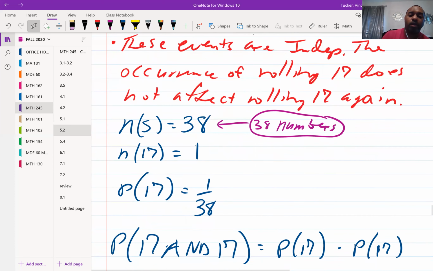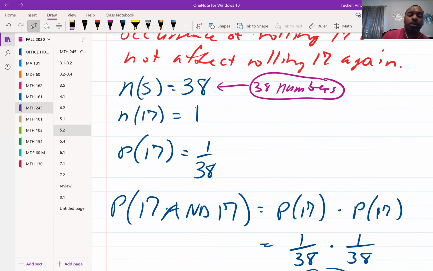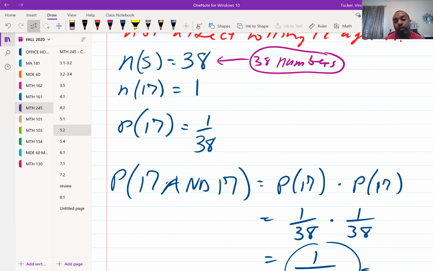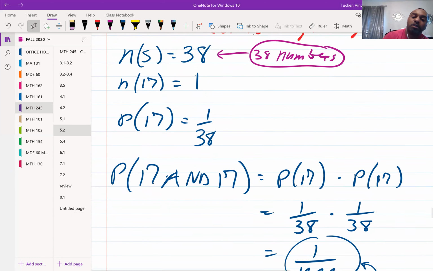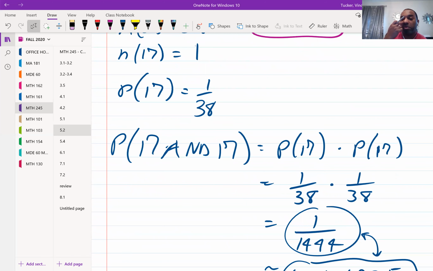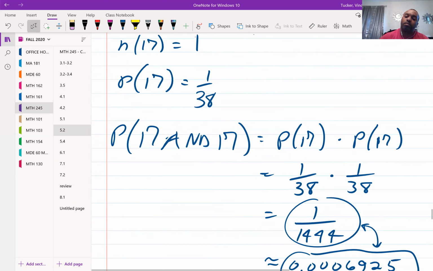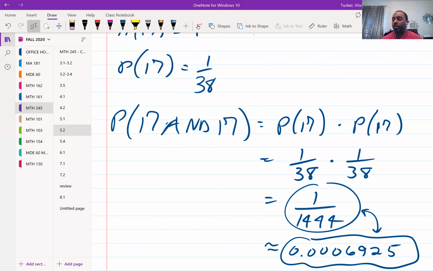All right. So we're talking about rolling 17 twice. So rolling 17 and then 17 again. And so you're talking about 1 over 38 times 1 over 38. And those are your two different ways of representing that probability.